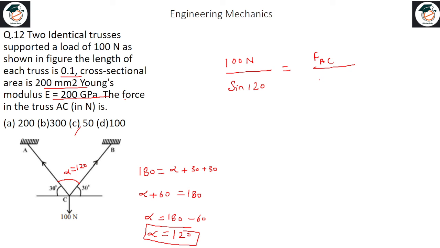This angle is also 120, so sine 120 and sine 120 cancel, and the force in the truss AC is 100 Newton.